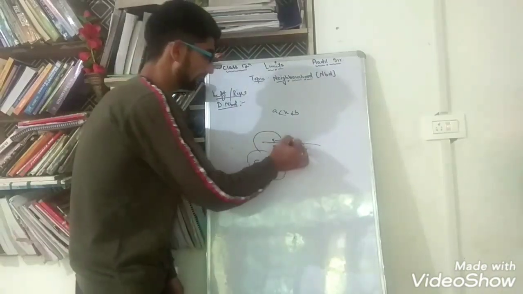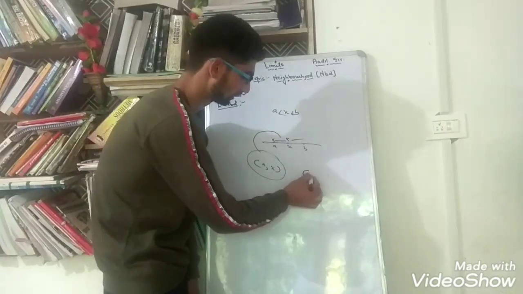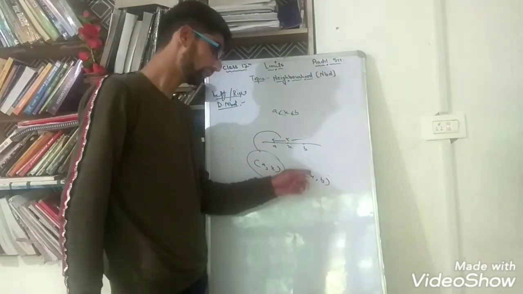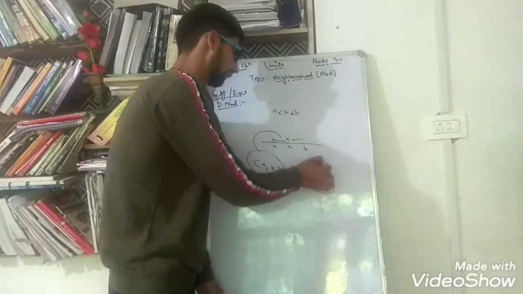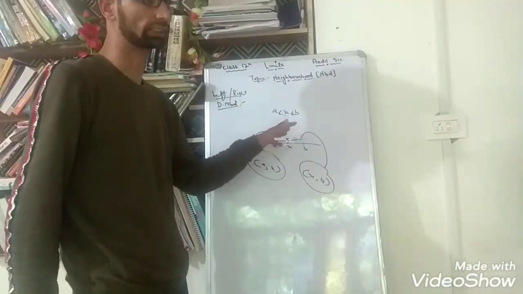Similarly, if we go to this side, if we take an interval from x to this b, this interval means we are excluding this x as well as this b. This interval we call the right deleted neighborhood of this x.